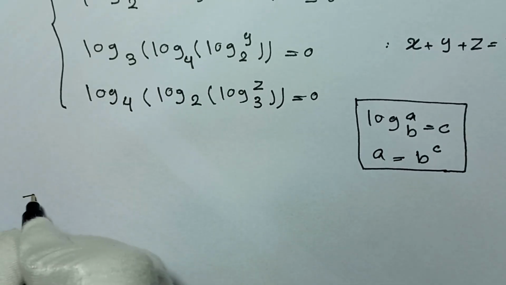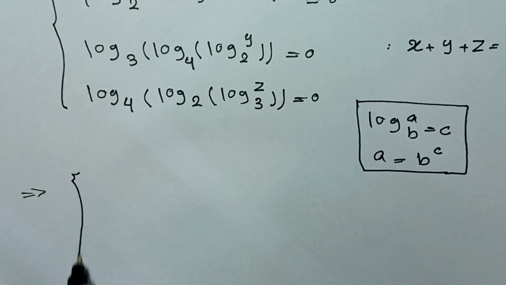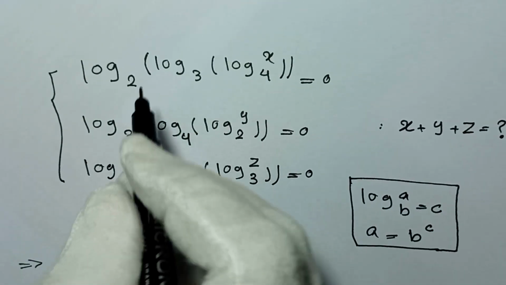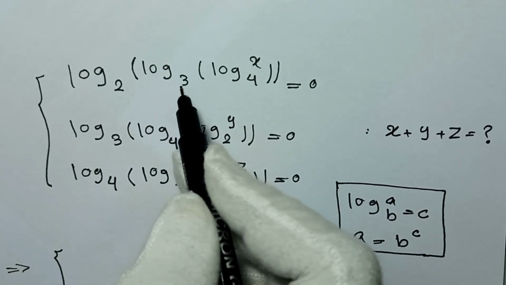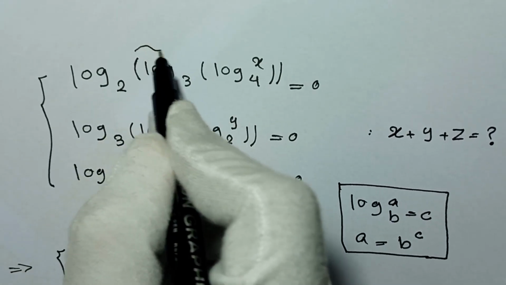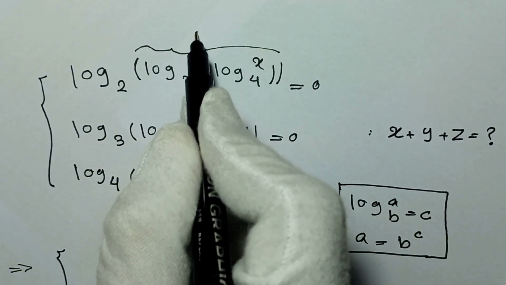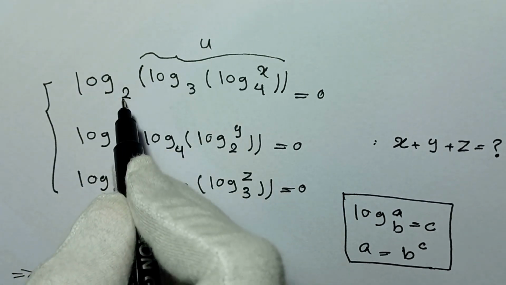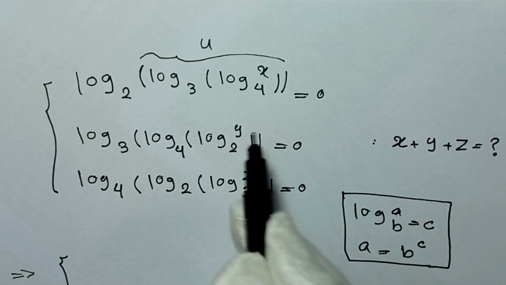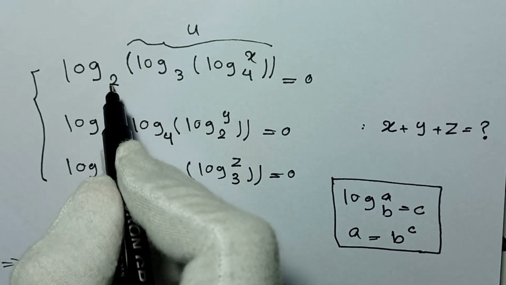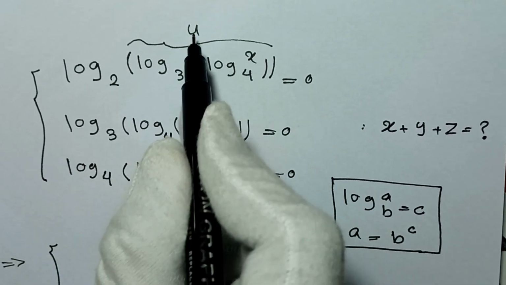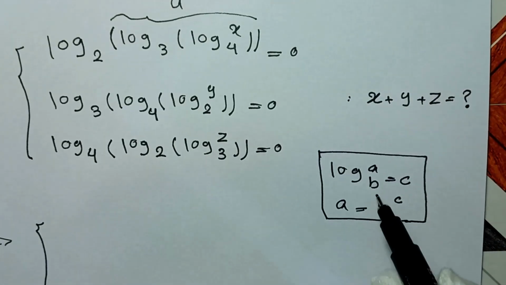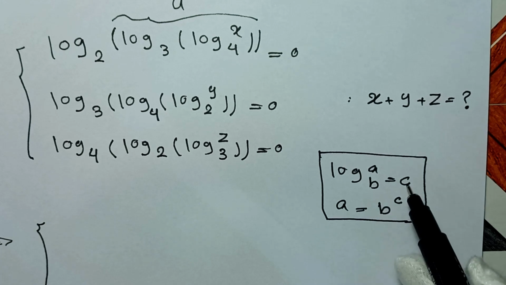If we let the inner expression be u, then log of u to base 2 is equal to 0, and we can write 2 to the power of 0 is equal to u. We use this formula, b to the power of c is equal to a.